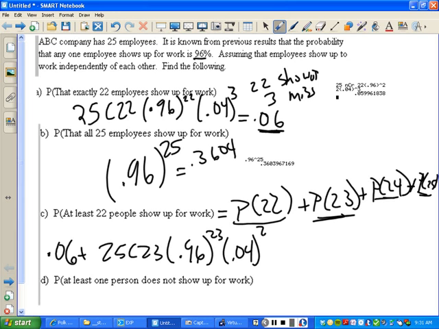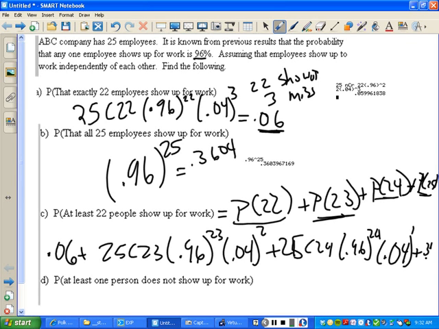How do you find the probability of 24 people showing up? 25 choose 24 times 0.96 to the 24th. That's the probability of 24. How do you find the probability of all 25 people showing up? Well, you already found 0.3604. Okay. Now you can do all that in a string and you got it, all that at one time.